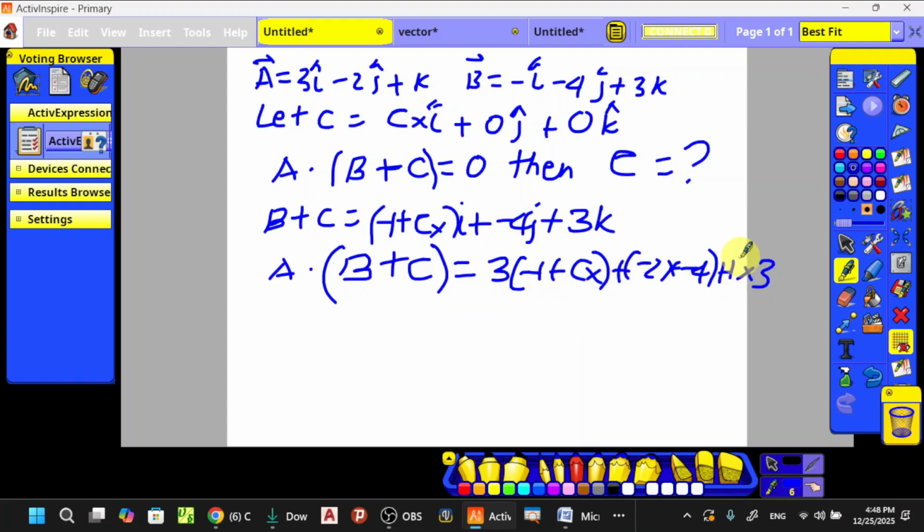That's a scalar quantity, which is equal to 0. That's why we are given that this is equal to 0.